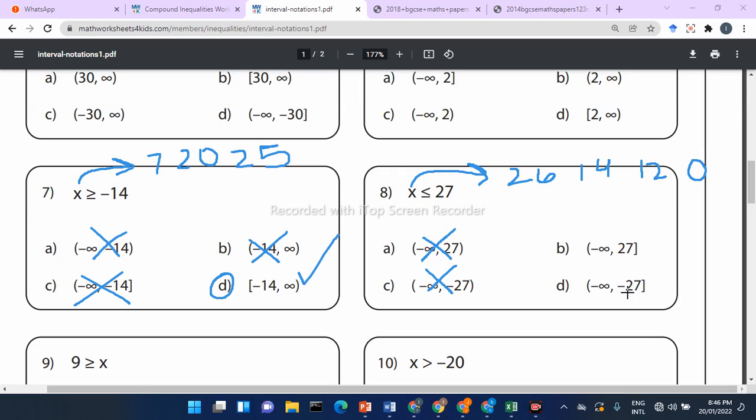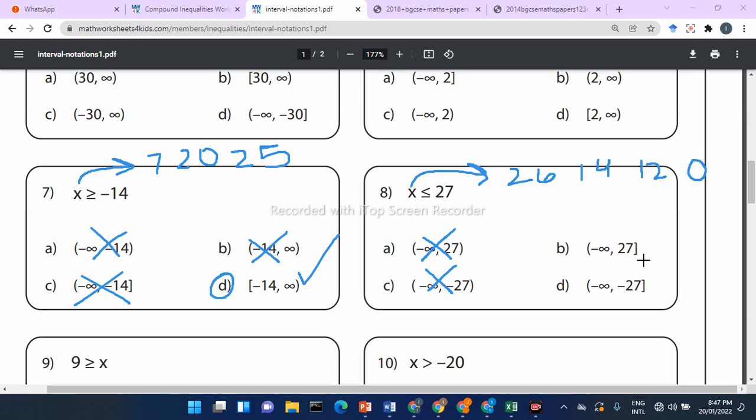Very sorry about that. So D says start at negative 27 and get increasingly less. The reason why B cannot be the right answer is because this is saying start at positive infinity. Actually, these look like they're saying the same thing.